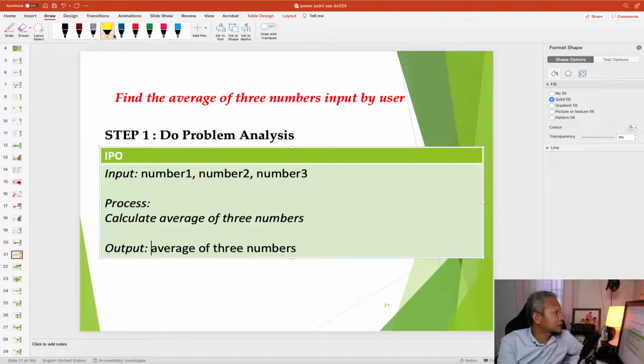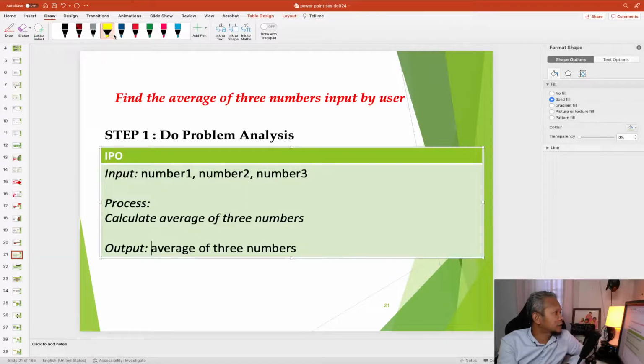So read number 1, read number 2, read number 3. And then the average of 3 numbers. First, you need to know the total of the 3 numbers, and then divide by 3. And then print average of 3 numbers, and that's all. That is very easy.